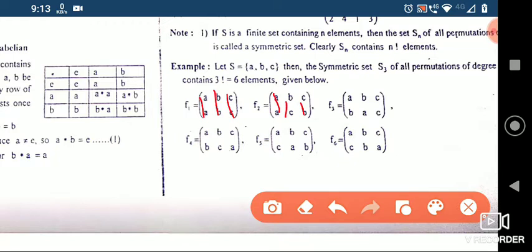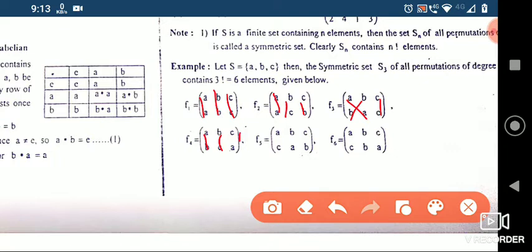In the third one, we kept c to c common, but changed a to b and b to a. Then in the next one, we changed everything: a to b, b to c, and c to a.